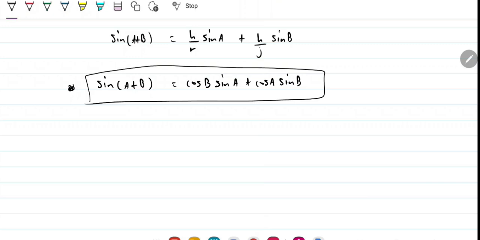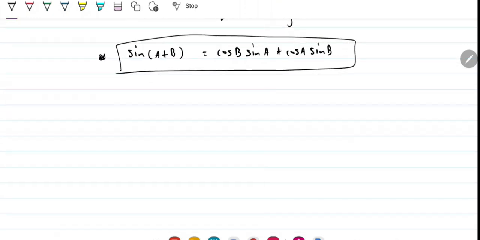All right, now from this one identity, I can derive one for the sine of A minus B, and I can also derive the ones for cos and tan. Let's work with the sine of A minus B first.